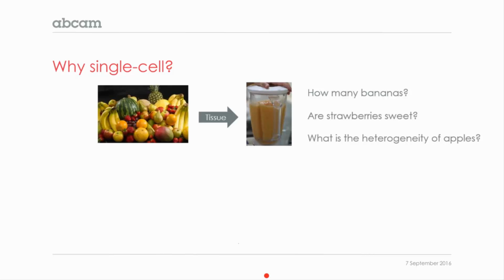But quite a long time ago, people figured out that it's actually very difficult to answer questions about particular elements of this mix, because we basically average out everything, and if the mix is heterogeneous, we basically lose all the signal.